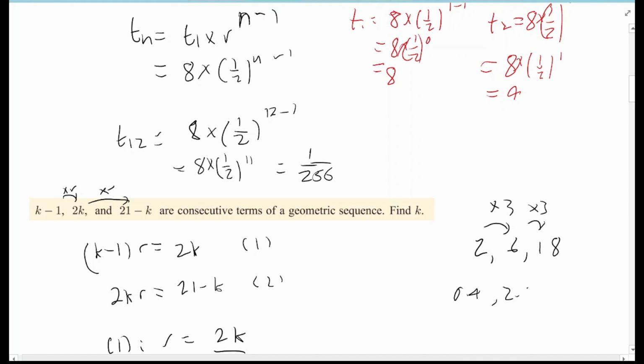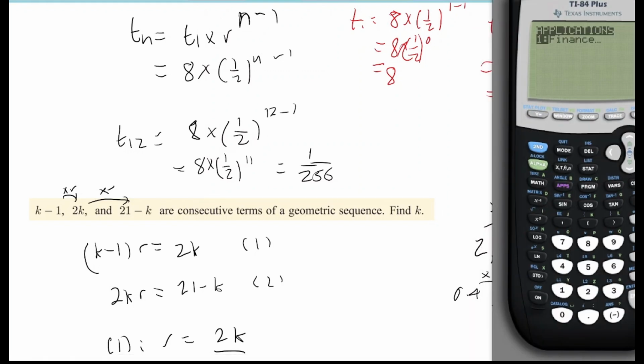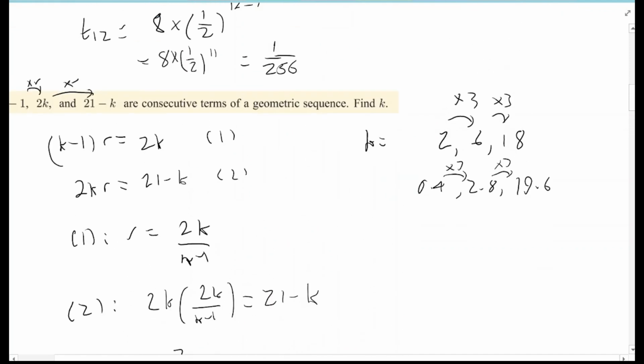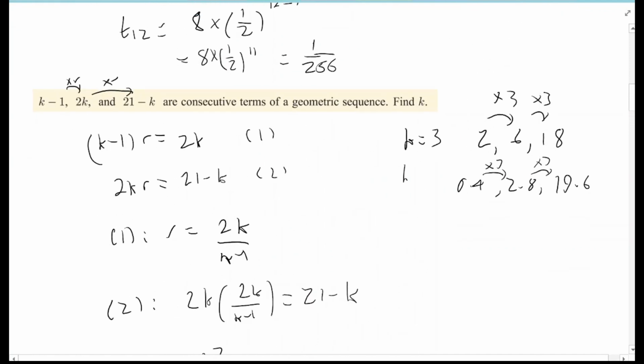You would then get 2.8, and you would get 21 take 1.4, which I believe is 19.6, and all these should be timesing by 7, I reckon. Let's just check. So 2.8 times 7. Yeah, it gives you 19.6. So this is k equals 3, and then this other one was k equals 1.4.